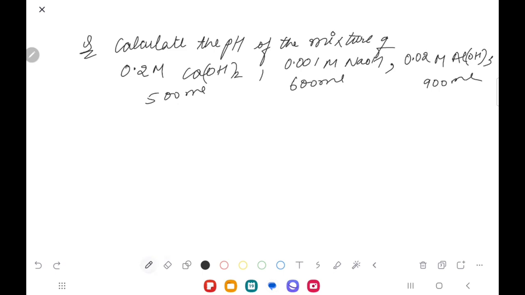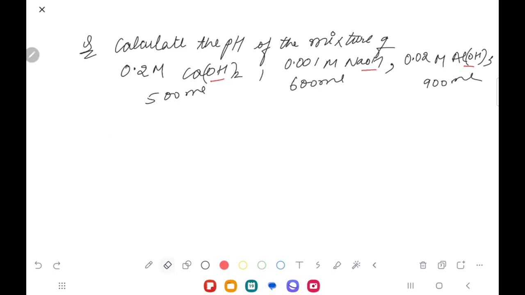So now, first of all, I can see that this is a solution of all the bases. And when this is a solution of all the bases, what would that mean? It would mean that pH is going to be what? So first of all, I'm not going to calculate pH.